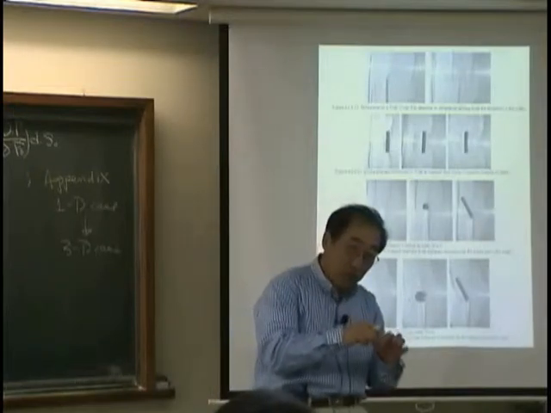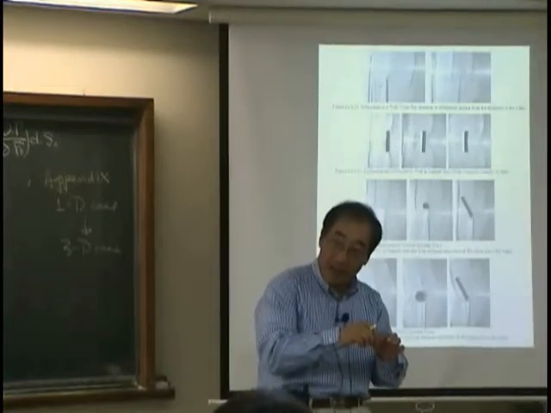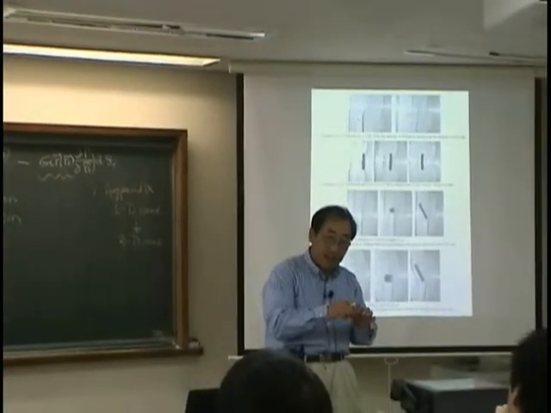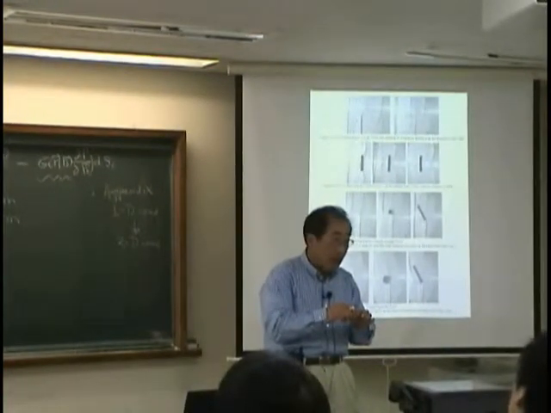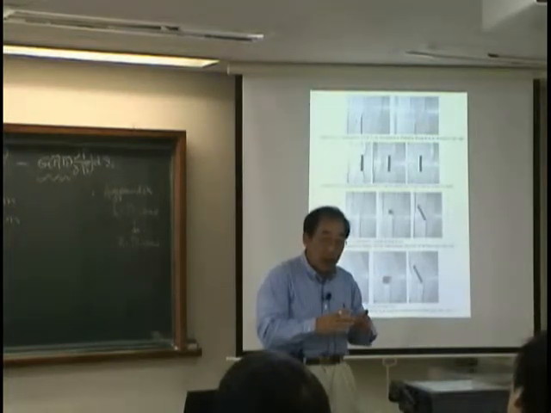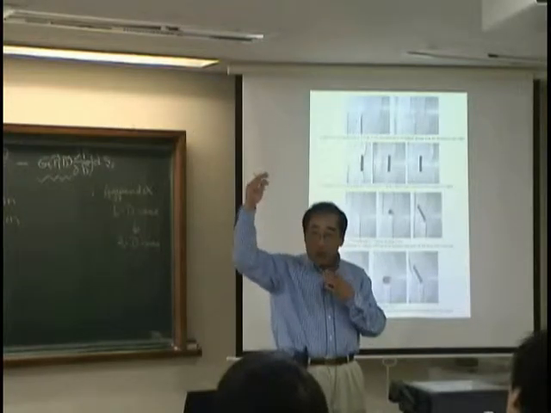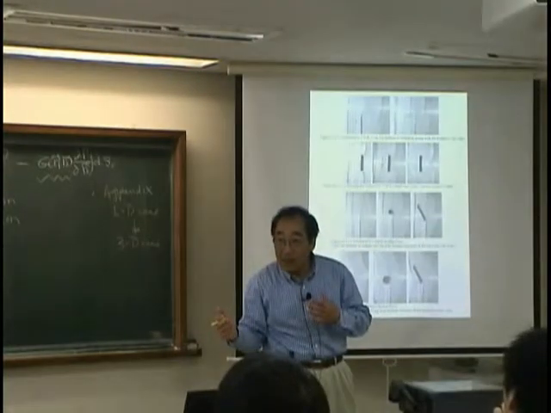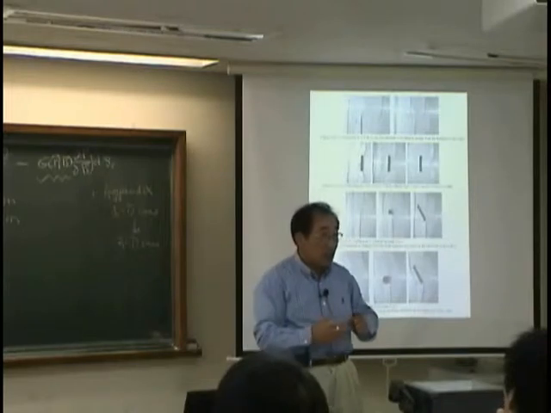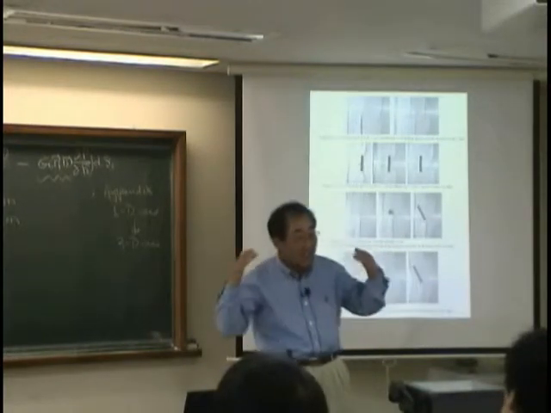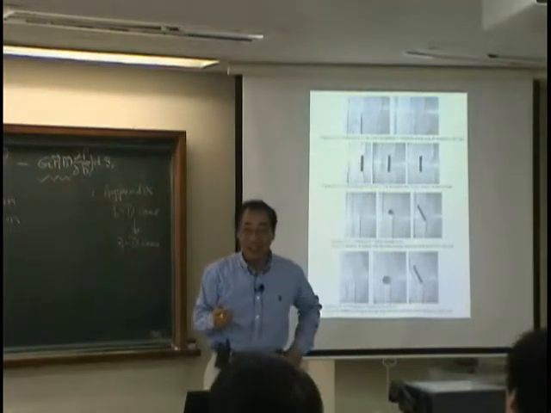But suppose what would happen in the 2D case? When you hit the membrane, if the membrane does not have damping, okay, the radiation pattern would not be like 1 over R as observed in 3D. It turns out it is 1 over square root R, and that is not easy to understand.